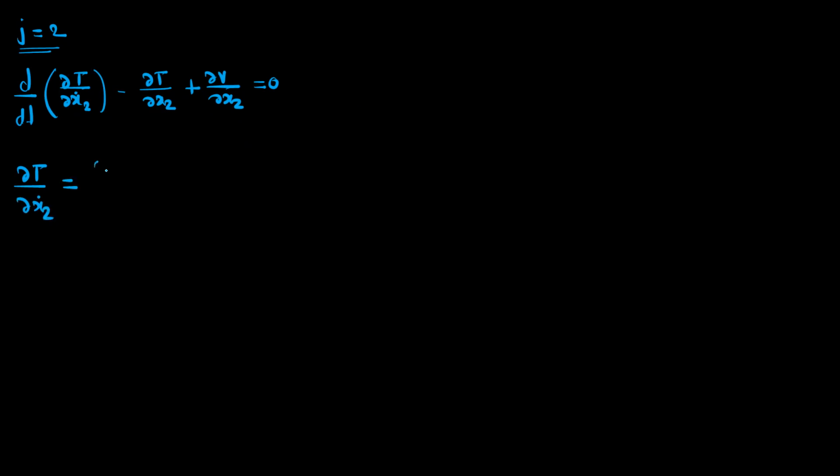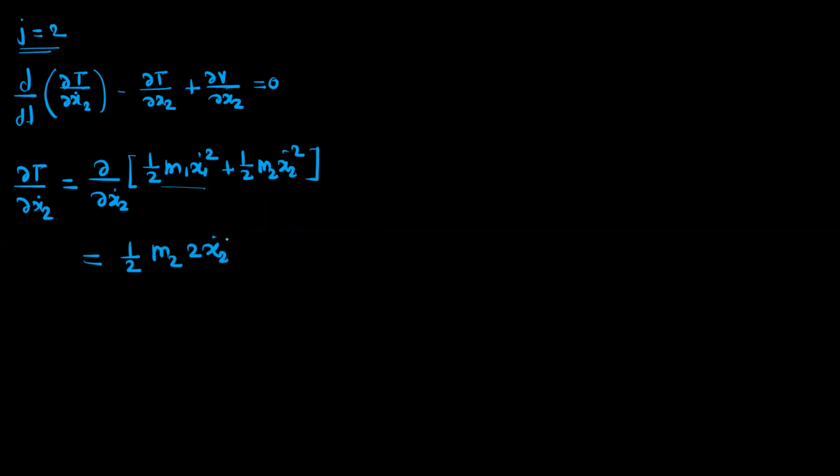So the T equation is, del by del x2 dot of 1 by 2 m1 x1 dot square plus 1 by 2 m2 x2 dot square. This term is constant, and the differentiation of this term will be 1 by 2 m2 2 x2 dot. So finally this is m2 x2 dot.